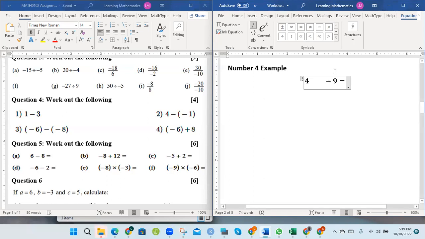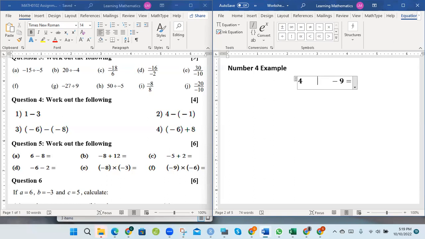And when you separate two numbers, look at what happened. Let's say you look at that expression, you say 4 subtract 9. But if you want to separate them, because these are two numbers, that's how you separate them. You create a gap between them.